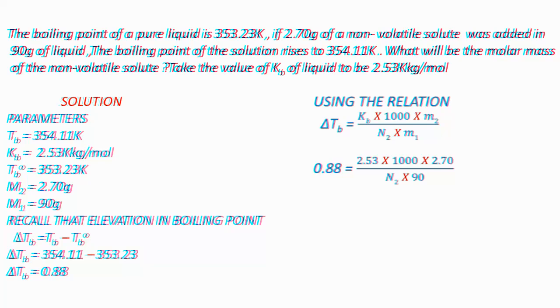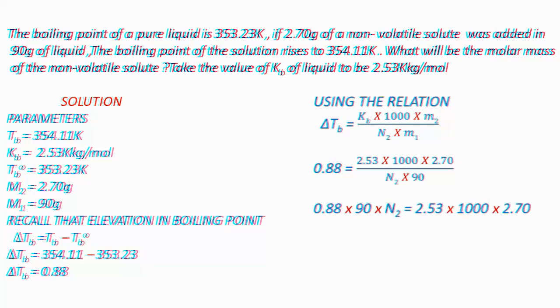Now we want to make N2 the subject of the formula, so let's cross multiply. 0.88 will multiply N2 times 90, equals 2.53 times 1000 times 2.70.